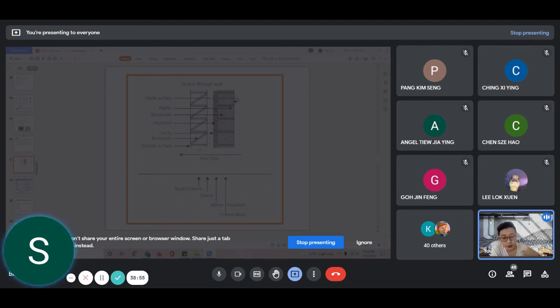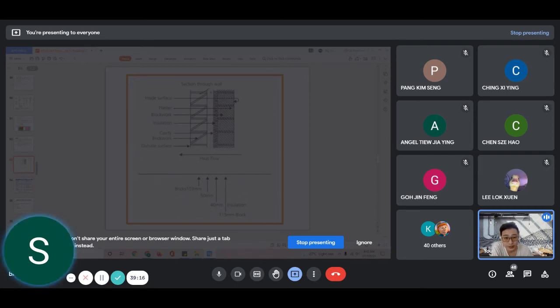But when it comes to the example, if you find it hard to remember or make sense of what the material is, you can always take a few quick seconds to work out the different layers like what I just did. Just quickly draw it.